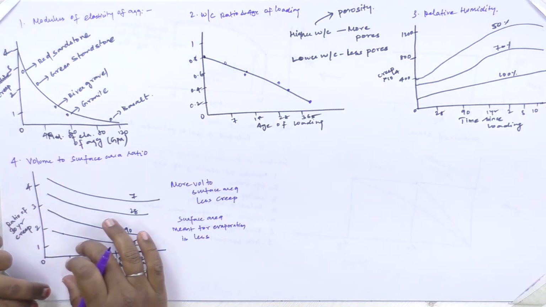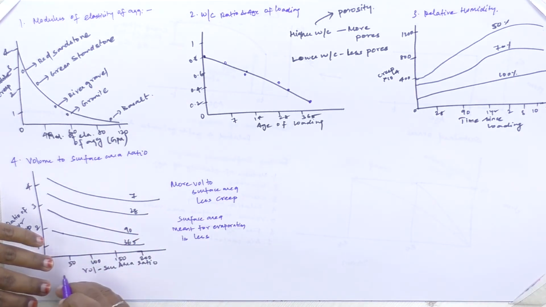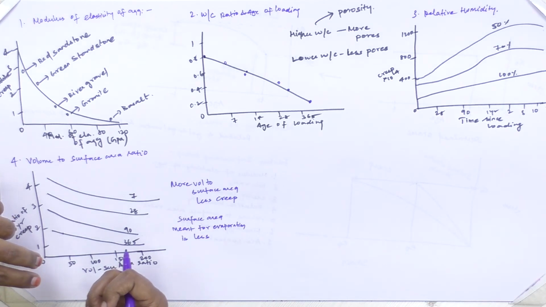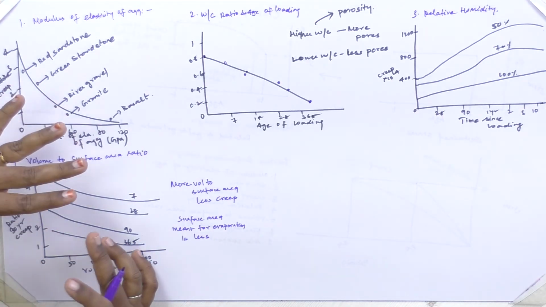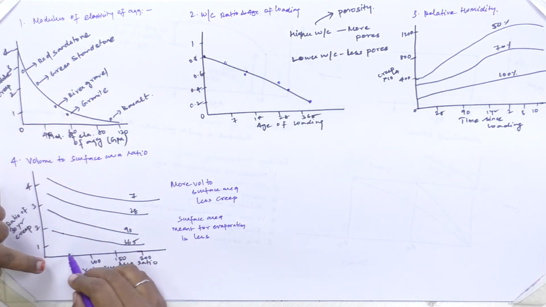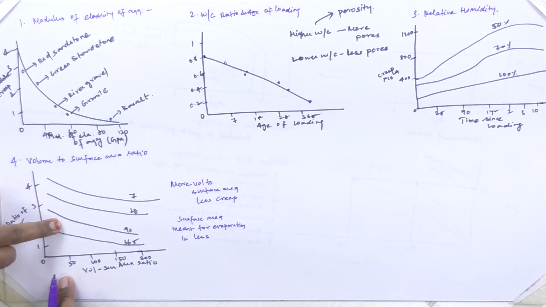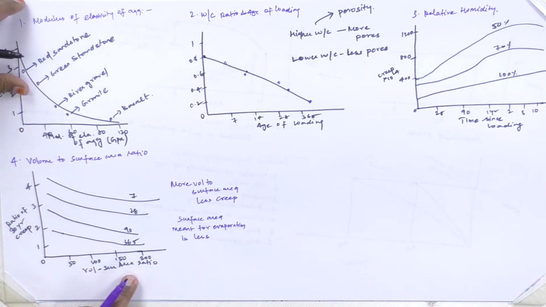Here the surface area will be more and there the evaporation takes place, that is the absorbed water will get evaporated, and because of that there will be movement of gel water from the pores. That's the reason why the lower volume to surface area ratio exhibits higher creep when compared to the high volume to surface area ratio.